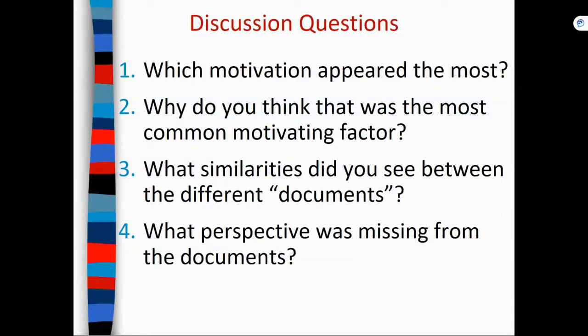Discussion questions. Which motivation appeared the most? Why do you think that was the most common motivating factor? What similarities did you see between the different documents? What perspective was missing from the documents?